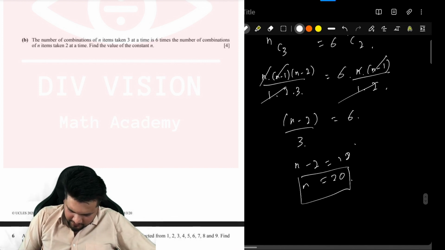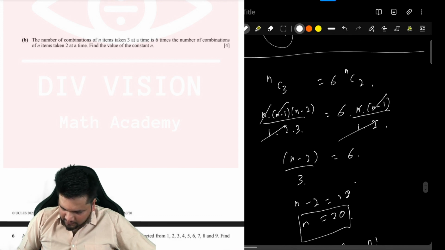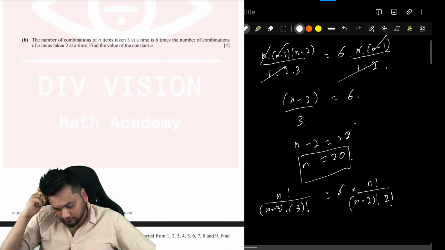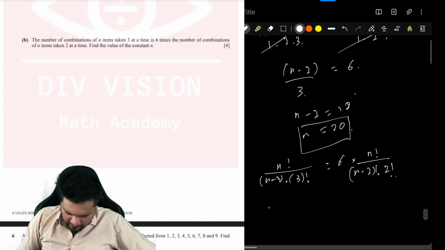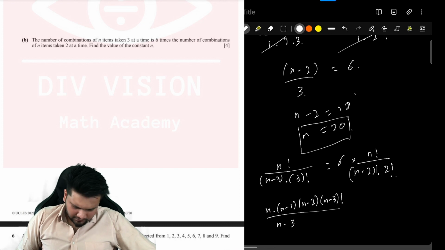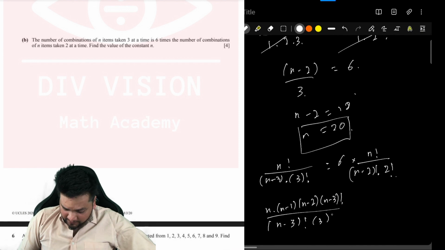Even if you do it that way, n factorial upon n minus 3 factorial into 3 factorial is equal to 6 times n factorial upon n minus 2 factorial into 2 factorial. Then you can cancel 2 and 3. Now n factorial is nothing but n into n minus 1 into n minus 2 into n minus 3 factorial, upon n minus 3 factorial into 3 factorial.